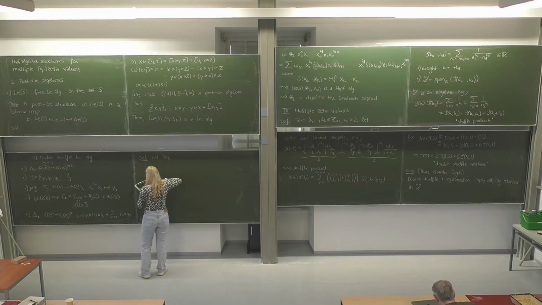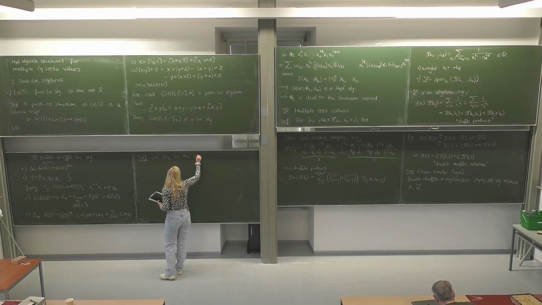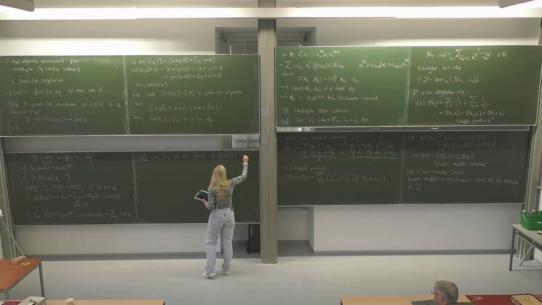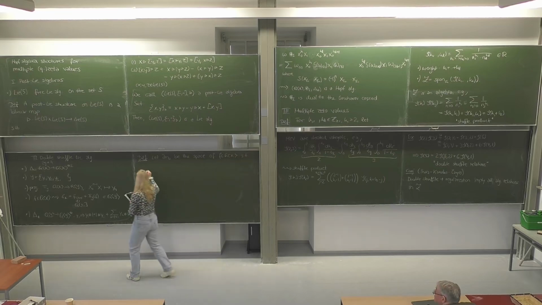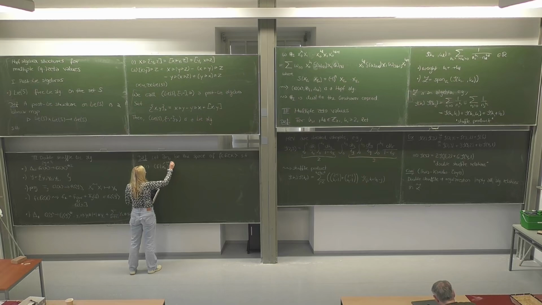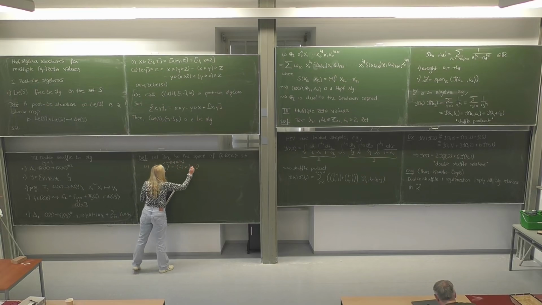So let dm0 be the space of all f in this Q of x, such that we have the following. The coefficient of x0 in f, so this is my notation for the coefficient, and the coefficient of x1 in f should both vanish.